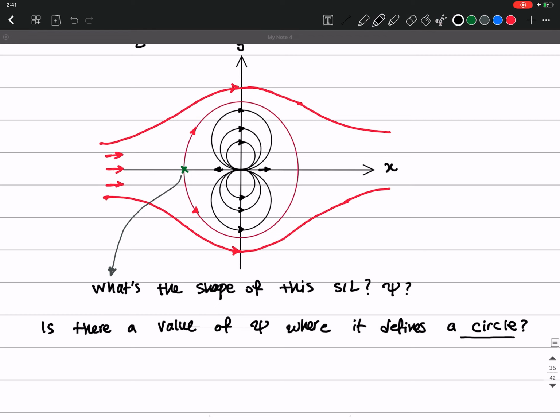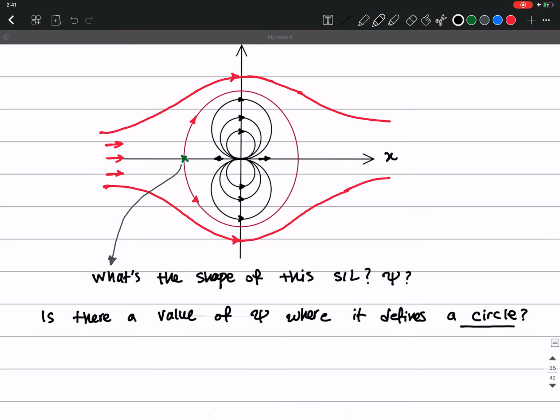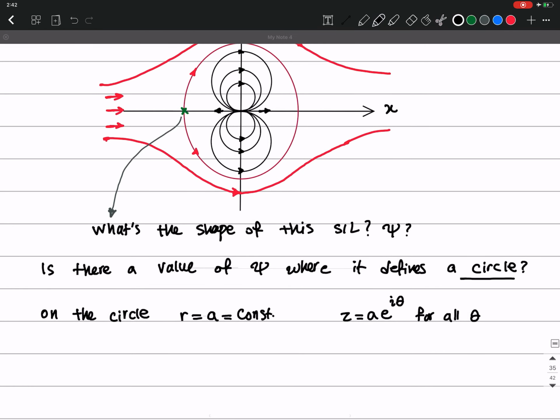Okay, so on the circle, we know that r, the distance r, should be constant like a. And so I can just write z is going to be r e^{iθ}, which is going to be a e^{iθ} for all theta. So on this circle, if that's a circle, this should happen, right?